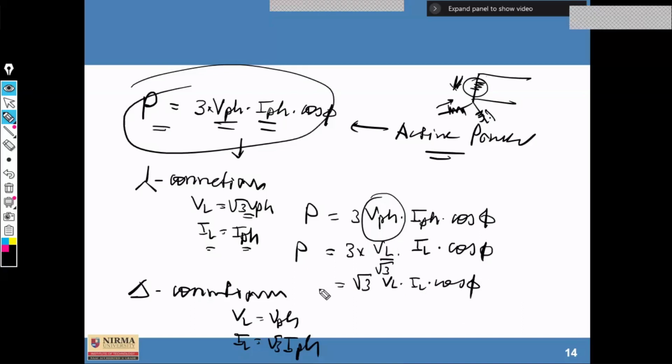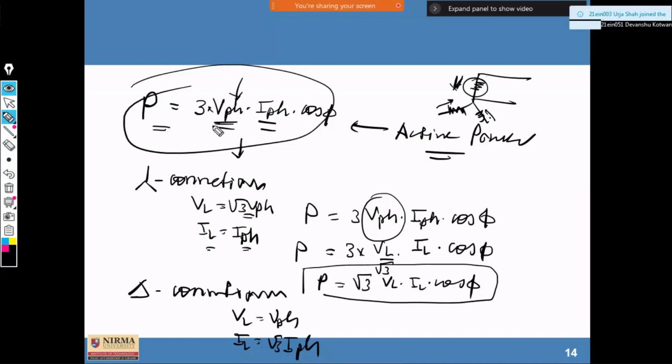So whenever you write an expression of power, that would always be with root 3, and if it is given with the phase voltages and phase current, then it would be 3 times. So this is the expression for star connection.